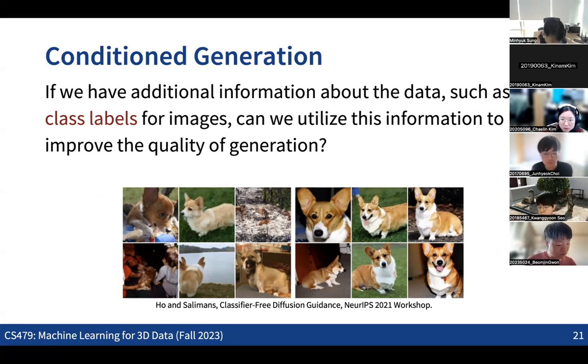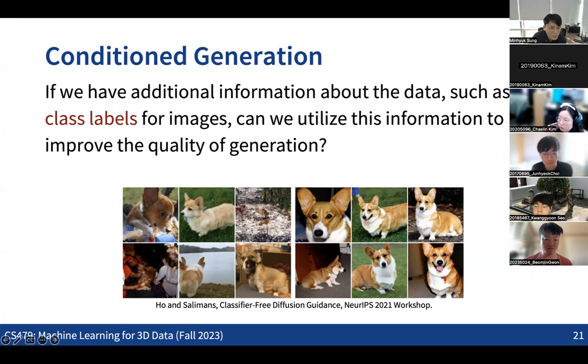For example, ImageNet is one of the large image datasets which has class information, right? For those images, we have the class label, for example that these images are dog images. Then the question is, can you utilize this extra information to improve the quality of the generation? That's the basic idea of classifier guidance.